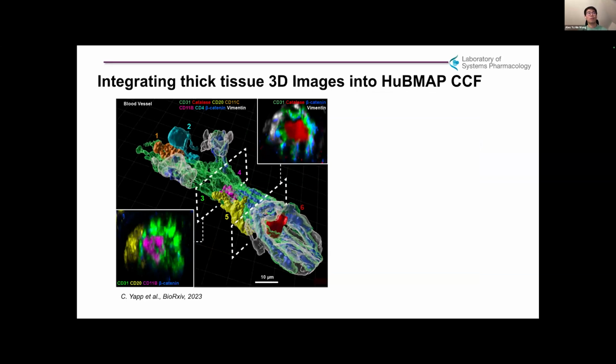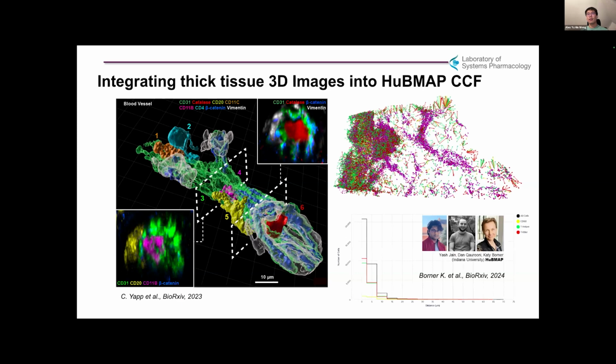And then we're also integrating thick tissue 3D with the HuBMAP coordinate framework and also the Cell Distance Explorer. And here, this was imaged on the confocal. Even a small branch of the captured vasculature is quite busy. As you can see, all the different cell types are interacting.